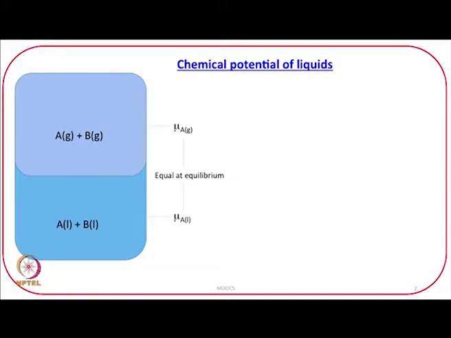Let us now recall the definition of chemical potential of a perfect gas. This is the equation that we derived earlier. For chemical potential of a perfect gas, mu is equal to mu naught plus RT log P by P naught, where P is the pressure.